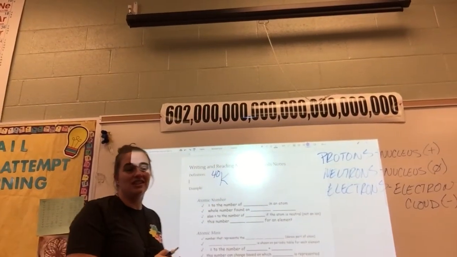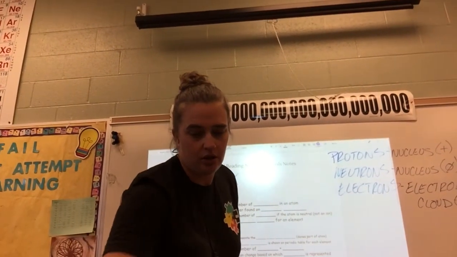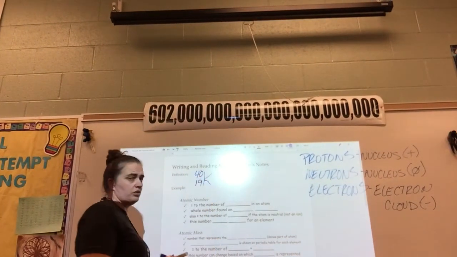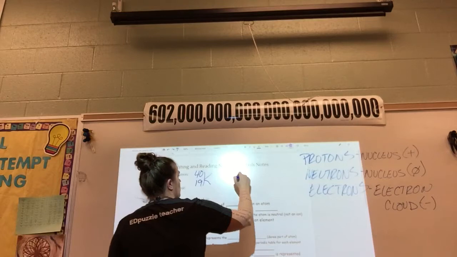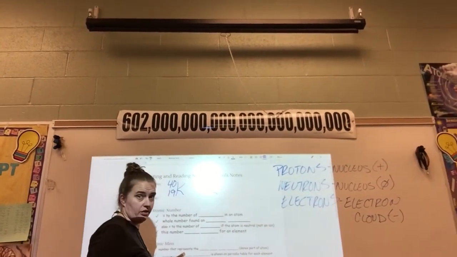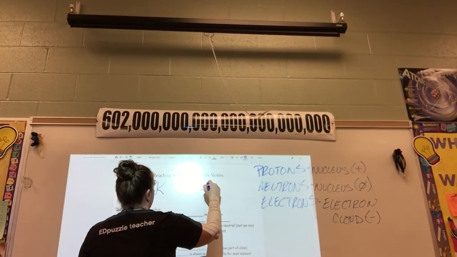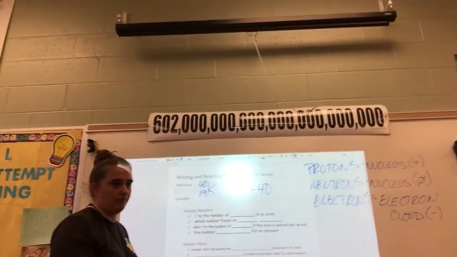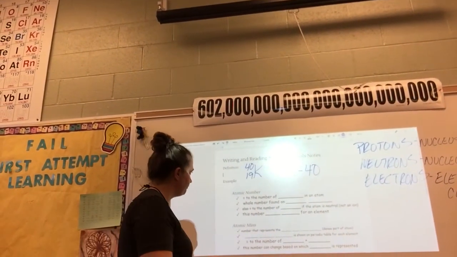And then the bottom number is the atomic number, 19. So a nuclide symbol is either written that way, or it's written with the symbol, hyphen, and then mass number. Okay? It's written either way.